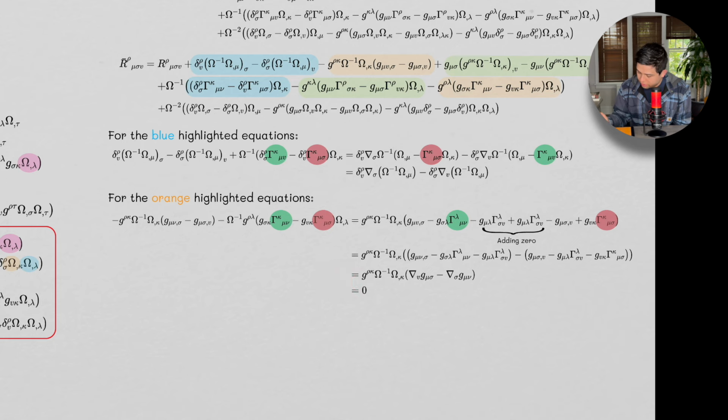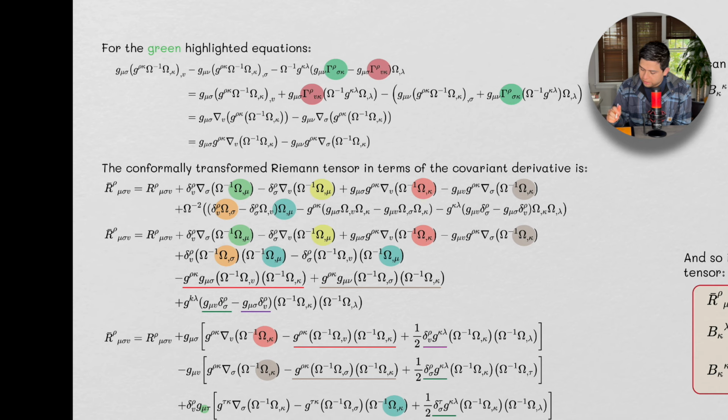Let's take a look at the green. For the green highlighted equations, we have this right here. Again, you can pause the video if you want. We have this term here, and again, you can see how this works. We have this term plus this term here, because a minus times a minus gives us the positive sign, and then we get all of this as well.